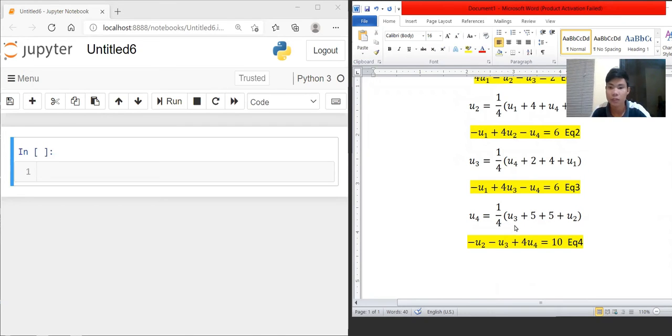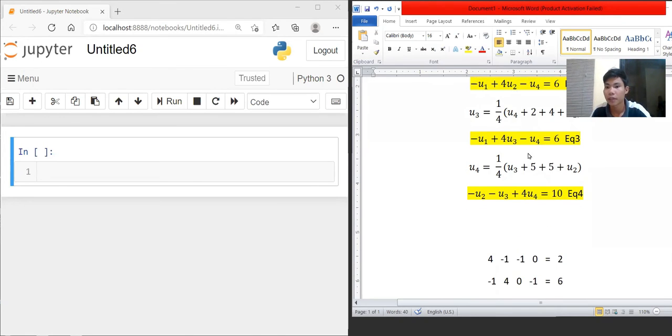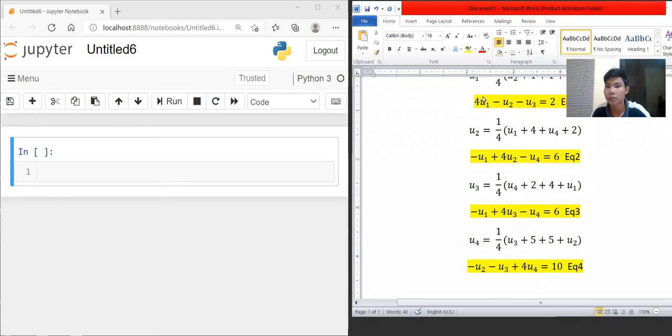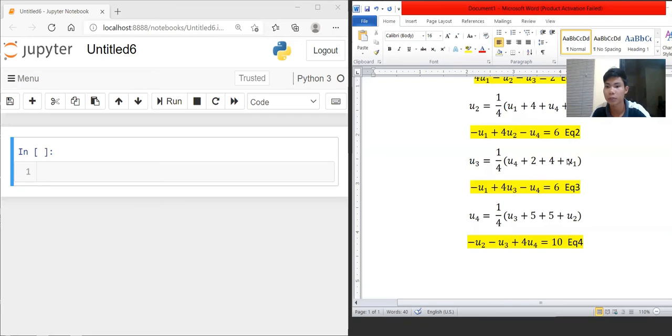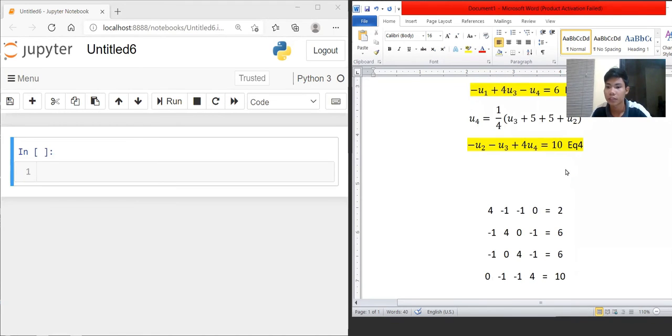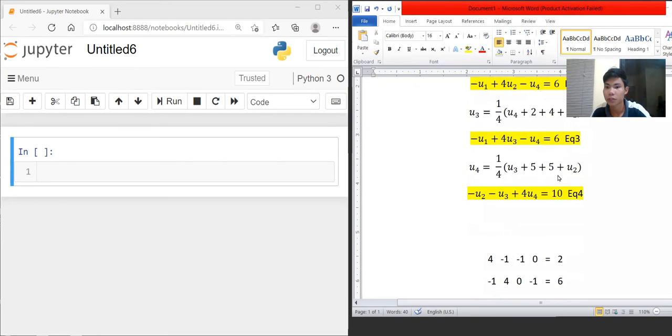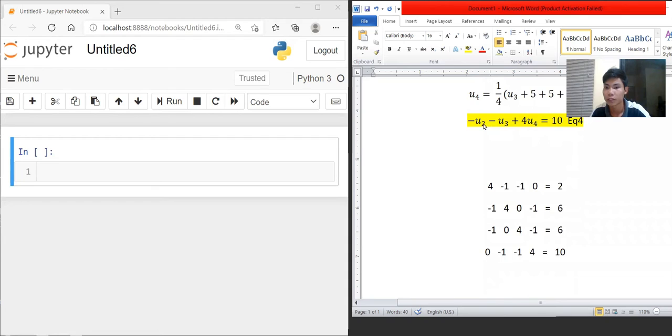So, as simple as derivation lang. And gamit itong ating 4 equations, for 4 unknowns, magkakaroon tayo ng ating matrix. For example, dito sa ating equation 4, wala tayong u1, which is 0.